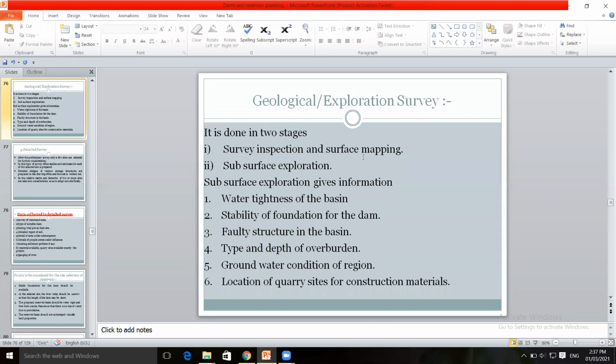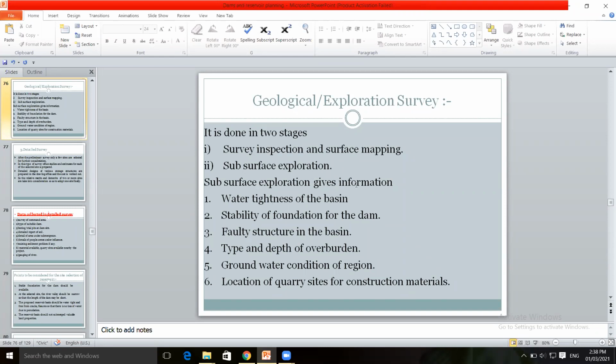Survey inspection and surface mapping is done. Subsurface exploration, surface investigation or surface mapping is done. Then subsurface exploration is done. You are studying this in geotechnical engineering, subsurface exploration.